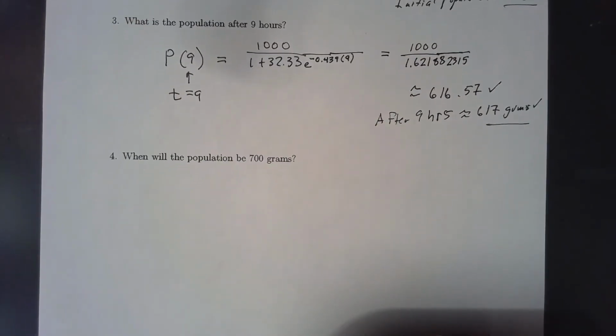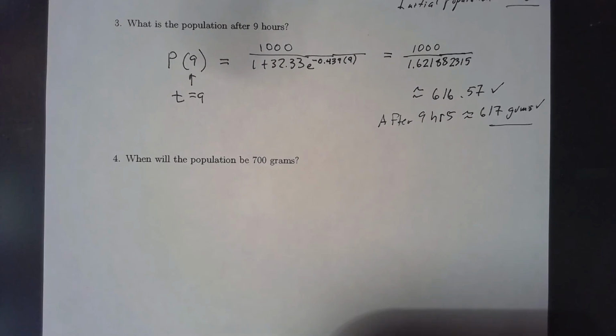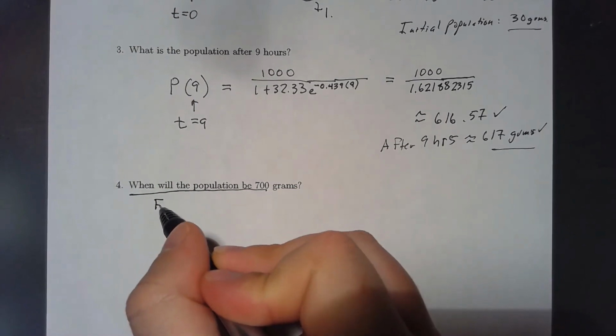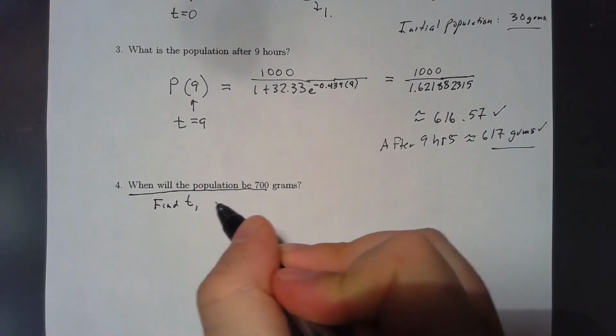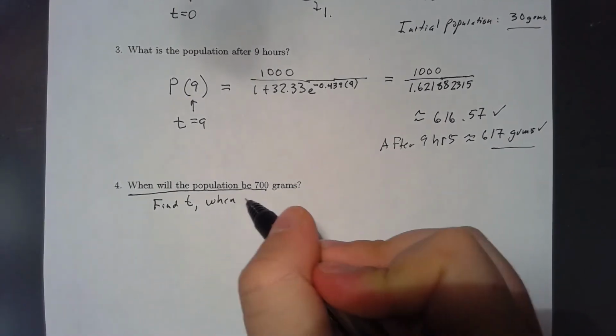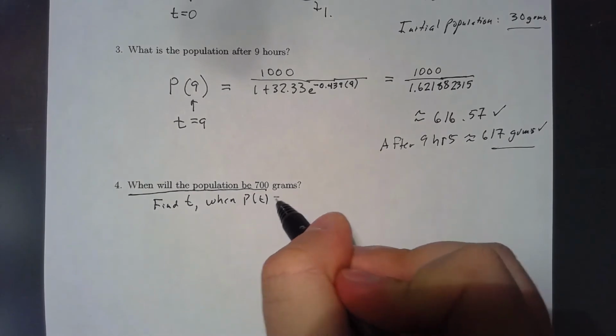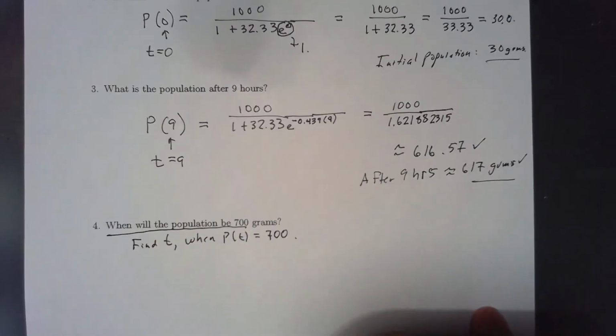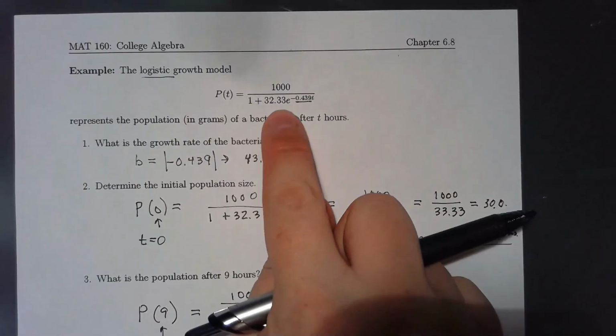When will the population be 700 grams? So you're trying to find t, when P of t equals 700. So you're going to set this model equal to 700 and solve for t.